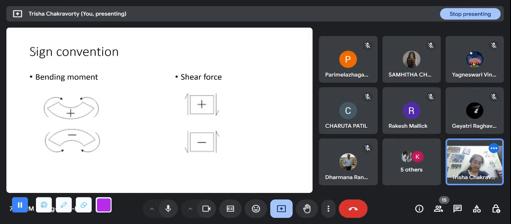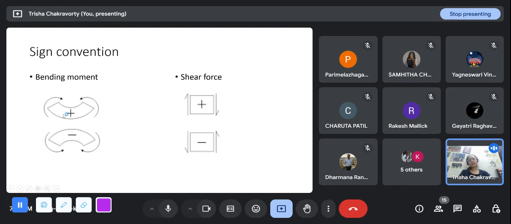And again, a sign convention can never be universal. If any day I'm solving a problem using the reverse sign convention, I can call this positive shear force, I can do that. But if you are solving a problem in an examination, it is better to mention the sign convention that you are using, just to be clear.